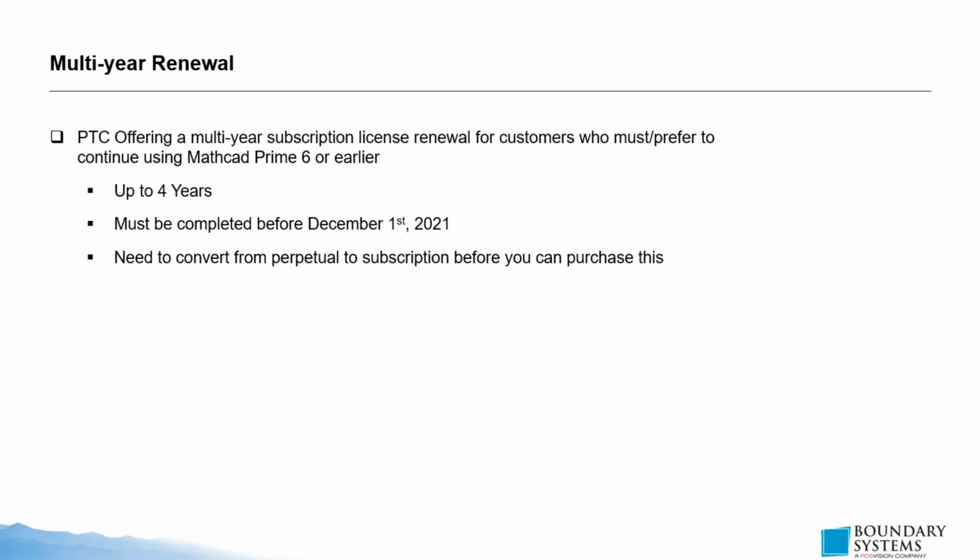Also, for anyone who might have a perpetual license of Mathcad, you first need to convert that to subscription before you're able to purchase a multi-year renewal. Again, this is for people who prefer or need to use Mathcad Prime 6 or earlier, depending on functionality. But you'll only be able to purchase this one time, for up to 4 years.